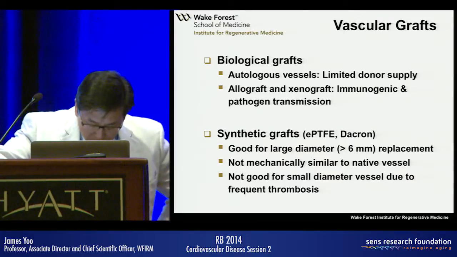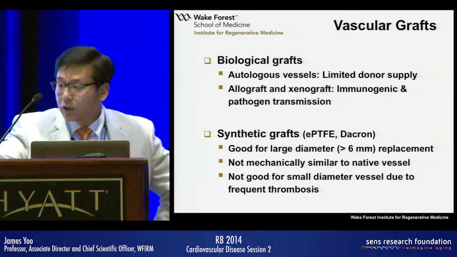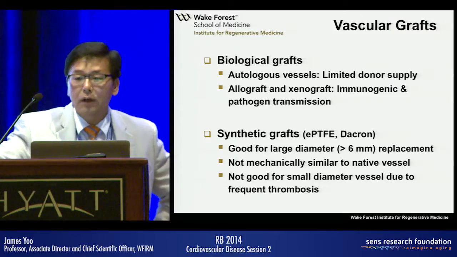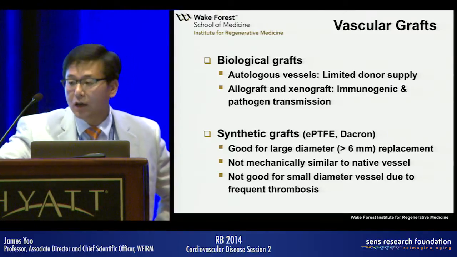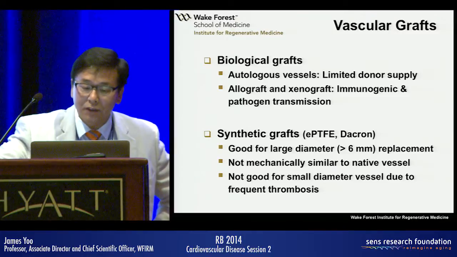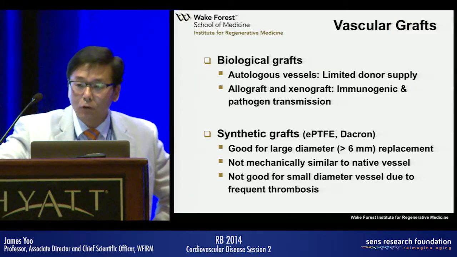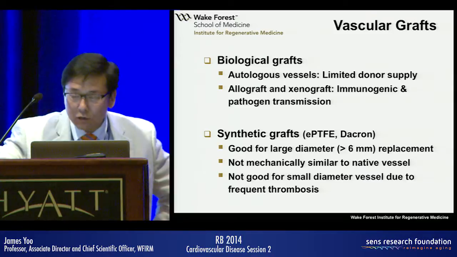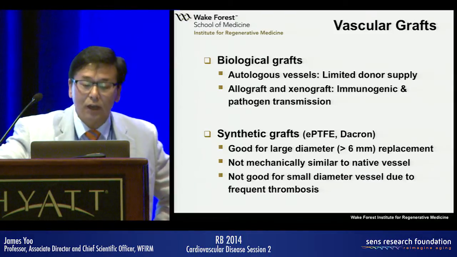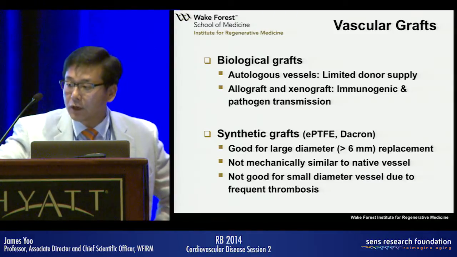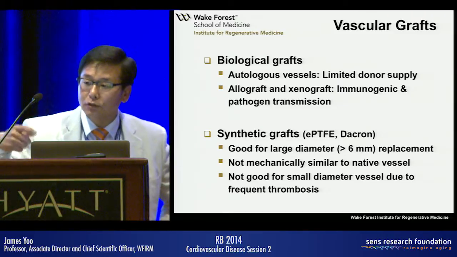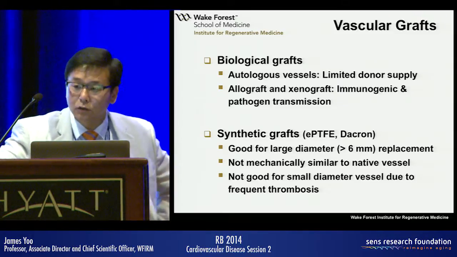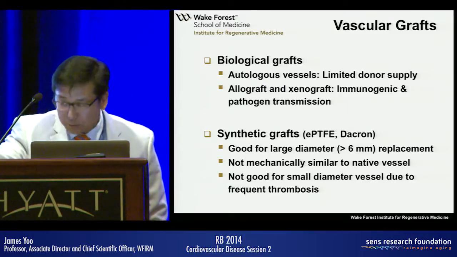Now, currently, there are two types of vascular grafts, biological grafts and synthetic grafts. Biological grafts are the gold standard for surgeons: an autologous graft, taking an autologous vessel from somewhere else and using it as a conduit to make the blood flow.